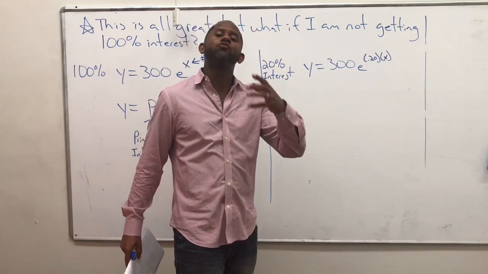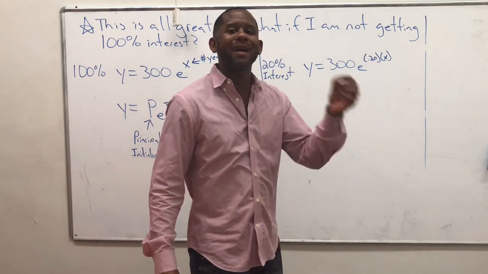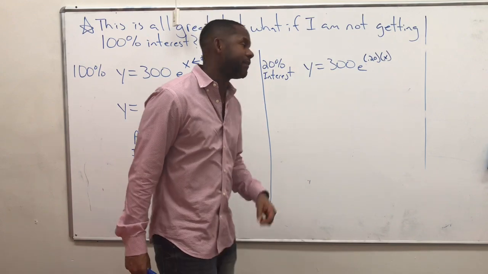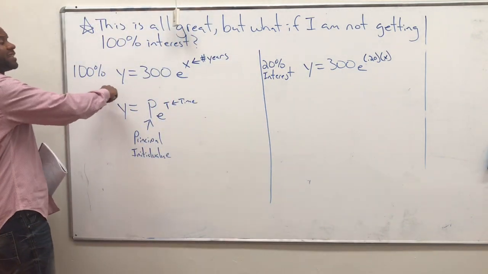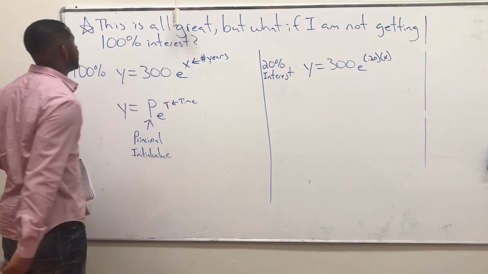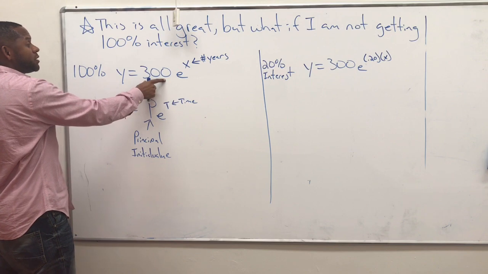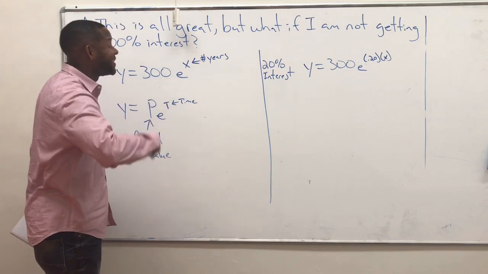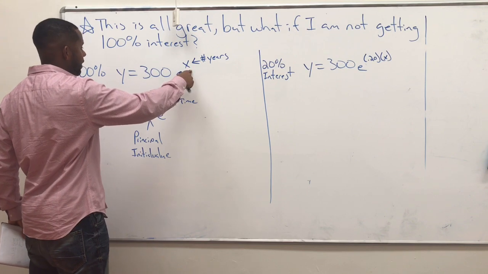So how can I use E for something that's being compounded continuously, but I'm not getting 100%? Well, here's what we can do. First of all, let's look at the situation where you get 100%, right? I've got $300. I know it's being compounded continuously. That's the E. And I just need to know the years, okay?